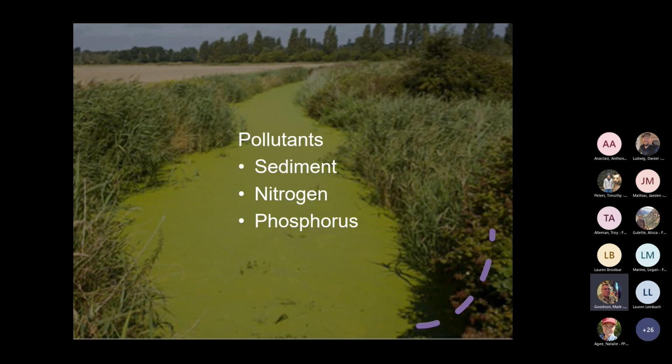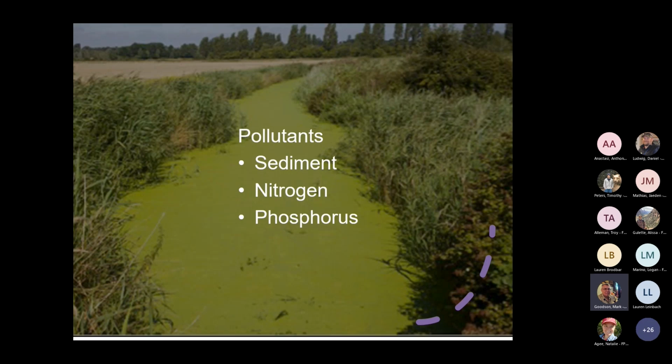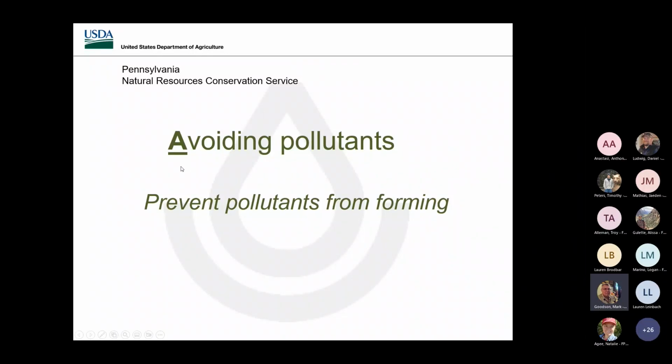And that's where the systems approach comes in, because as Dan pointed out, each one of these resource concerns can be dealt with by a combination of practices, and the right practices are going to depend on the landscape, the farm, that recipe you come up with, and including the farmer, that we know that the farmer is able to execute the plans that we propose. But we're really after sediment, our number one water pollution contaminant, and nitrogen and phosphorus are coming along for it. So let's get right into it.